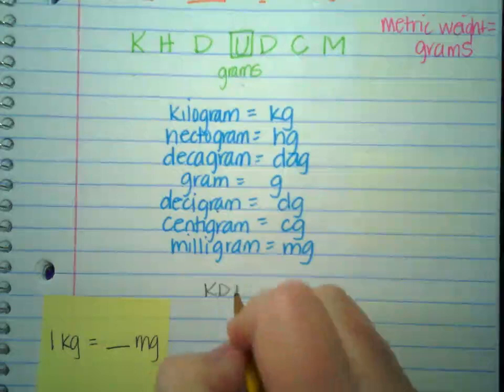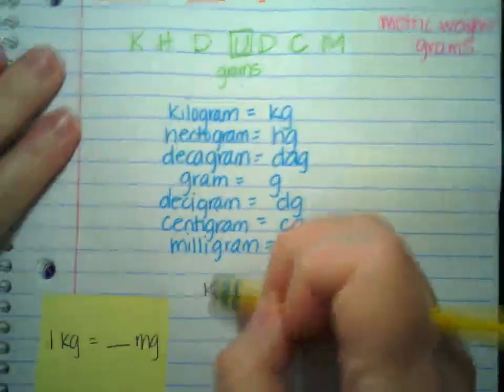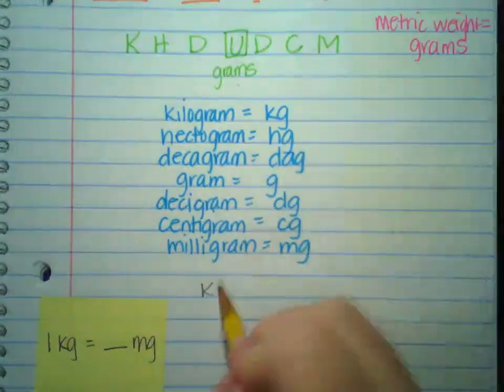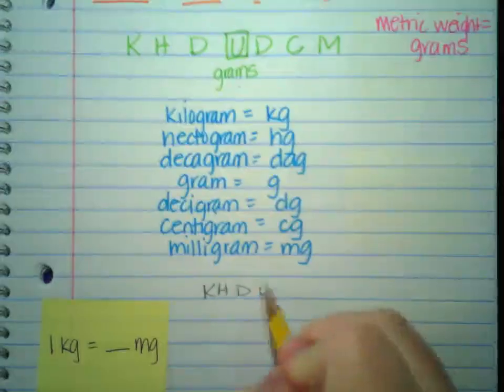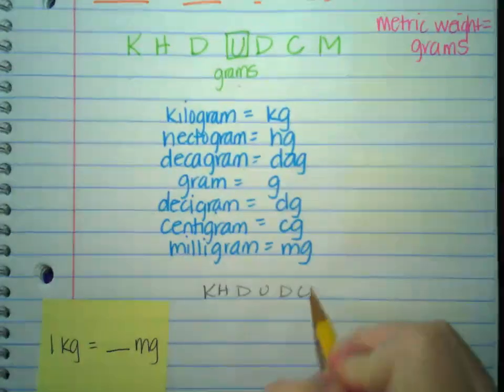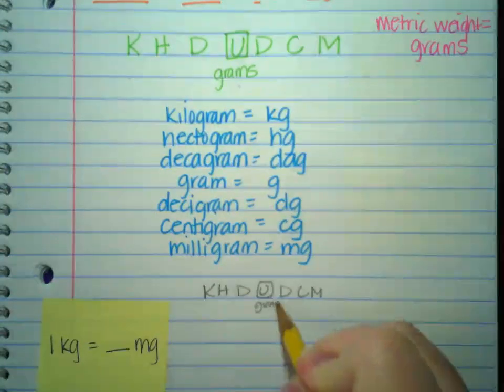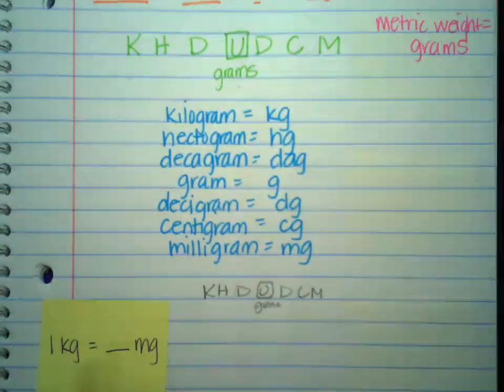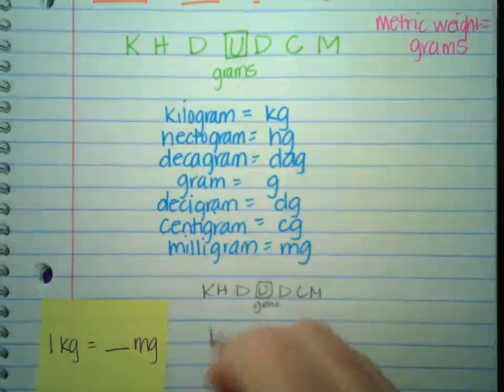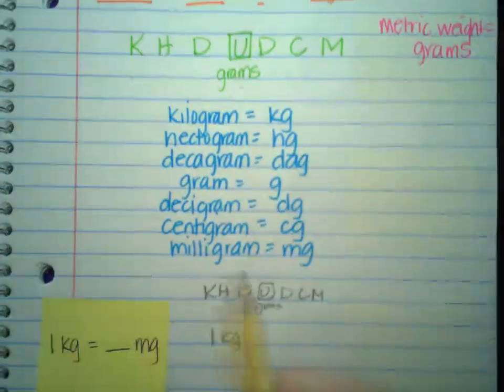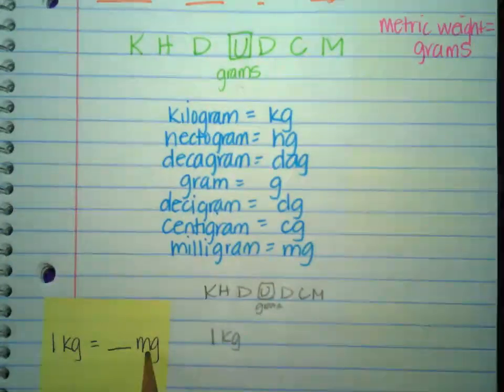So I'm going to rewrite my acronym. King Henry, wrote the wrong thing. King Henry doesn't usually drink chocolate milk. And our unit is grams, okay? So I'm going to start with my 1 kilogram, and I'm moving from a larger unit to a smaller unit.